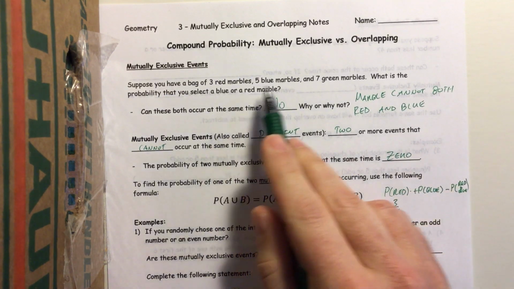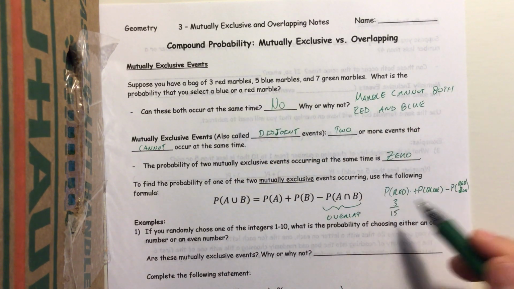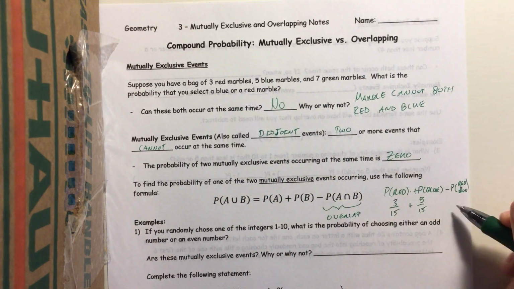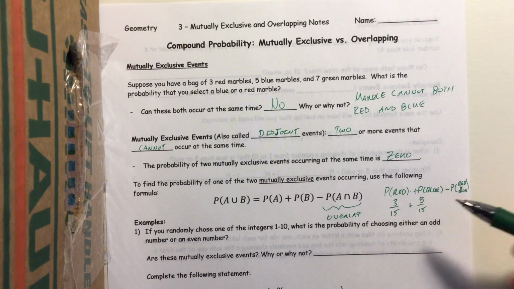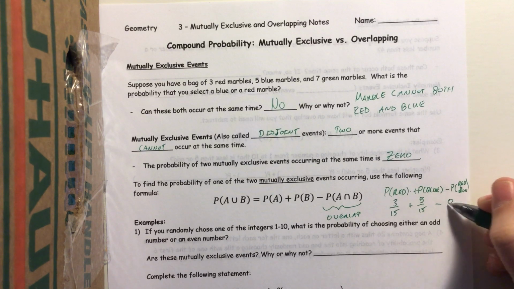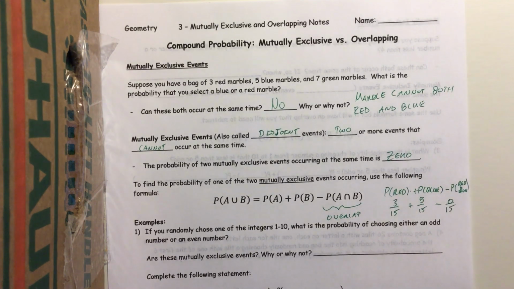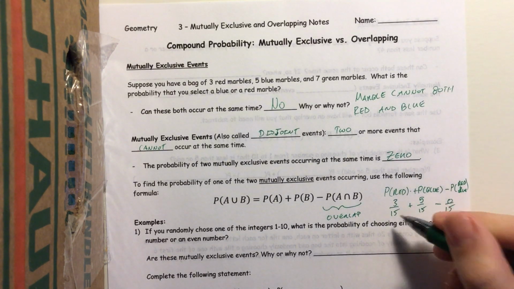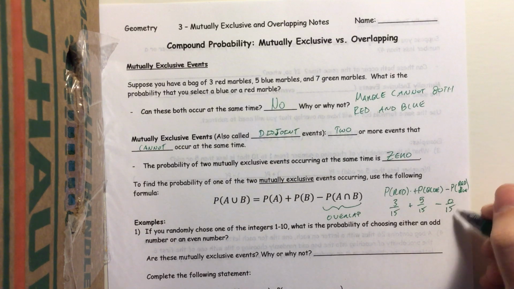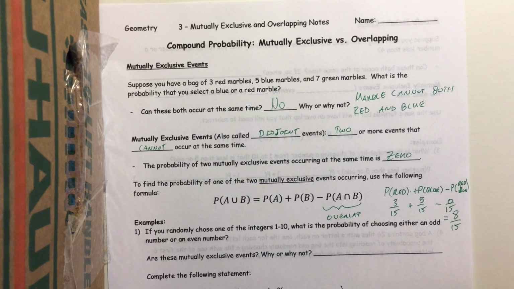We had 15 marbles, and we had 3 that were red. Our probability of pulling a blue marble was 5 out of 15. And then we would want to subtract out the overlap. Well, in mutually exclusive events, there is no overlap. There is no marble that is both red and blue. So we would just say minus 0 over 15. If you add these together, 3 over 15 plus 5 over 15 minus 0 over 15, we would get 8 over 15. That's our probability of picking a marble that is red or blue. But it can't be both.